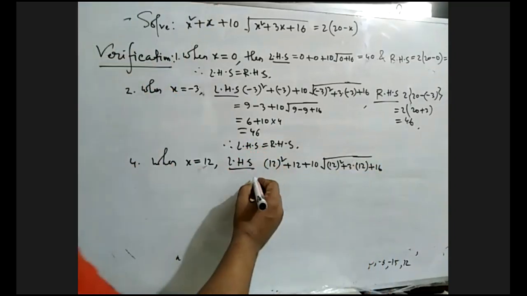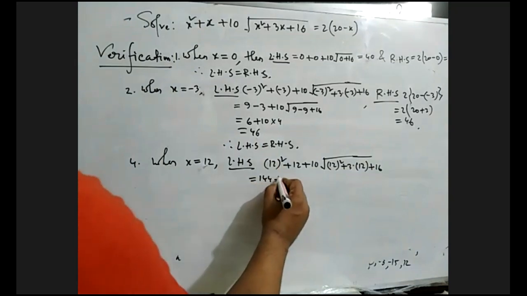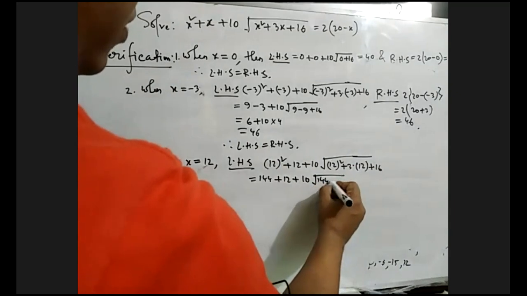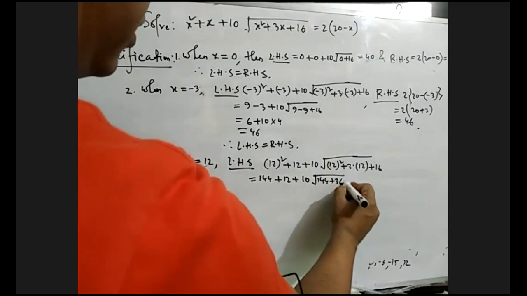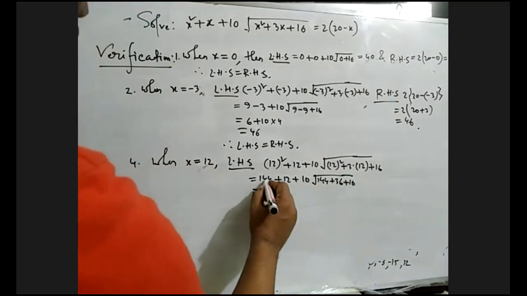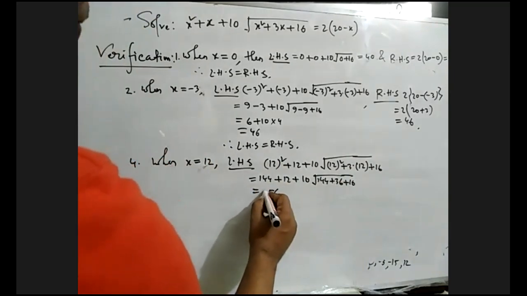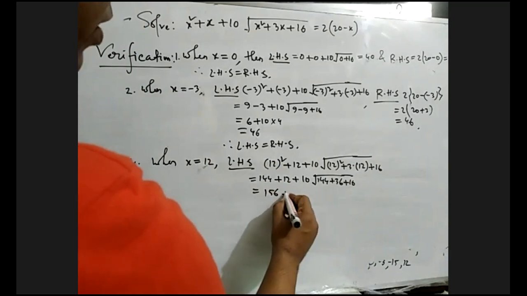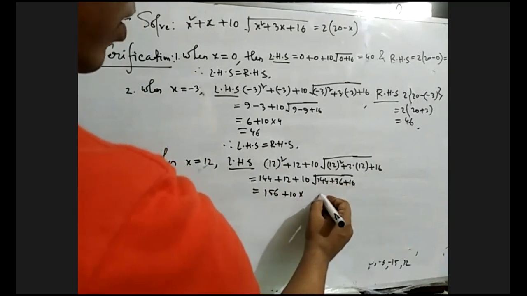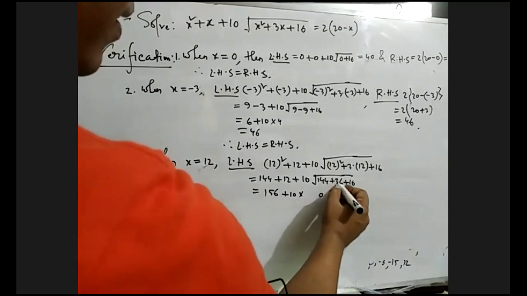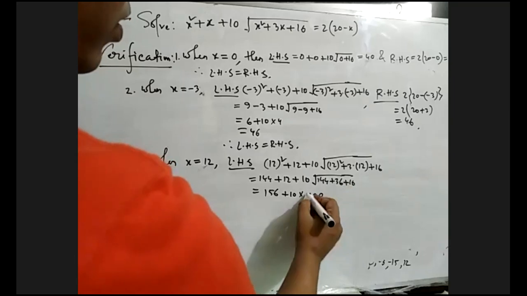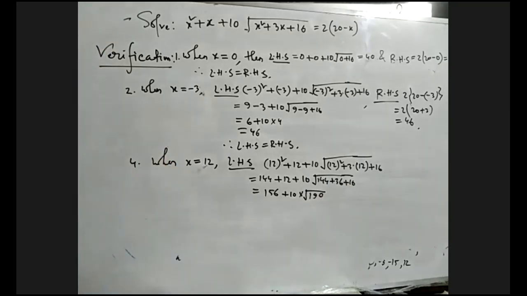Okay, this is the left hand side. So 144 plus 36 plus 16, this will be 156, plus 10 into this.